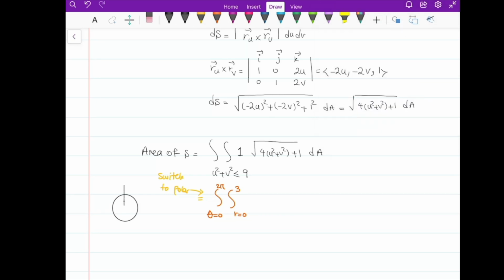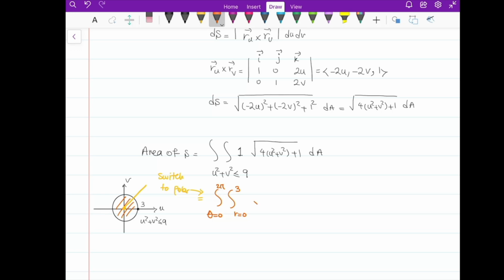If I want to explain it very quickly, let me just graph it. This is the uv plane, and I have u squared plus v squared less than 9, which would be a disk of radius 3. So this is the region, and to find the bounds for the polar coordinate, I need a ray, and the ray starts at the origin and goes up to 3, and then to get the full circle it would be from 0 to 2 pi.